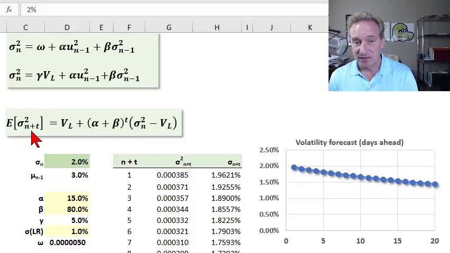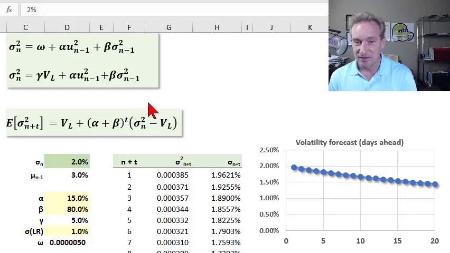And the expected level of the variance, t days forward, that's as of today, day n, plus t days forward, is then given by this expression, the reversion level plus here, the product of alpha plus beta raised to the t power, that's the number of days forward, multiplied by here, the difference between the variance, that's where we are, and the reversion level, that's where we're going to be.